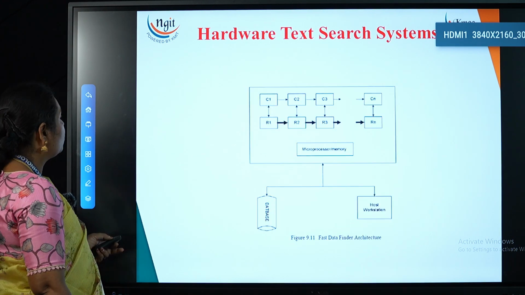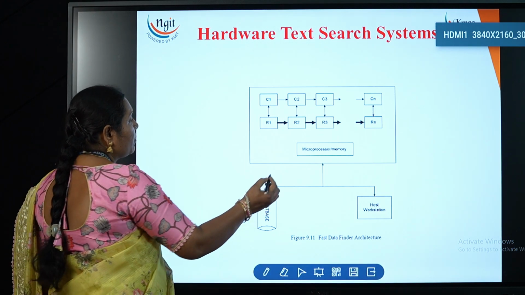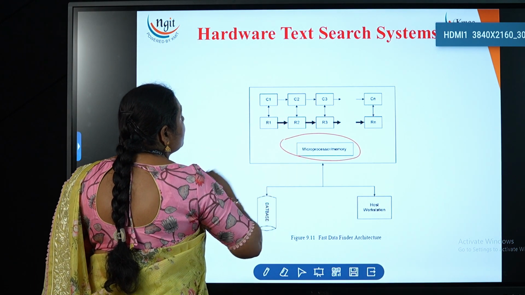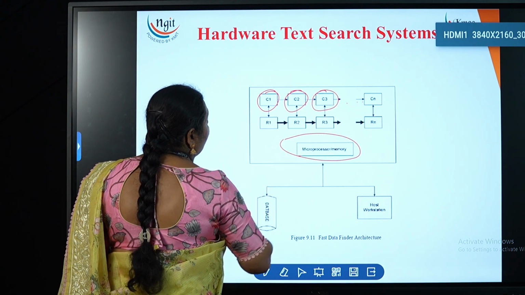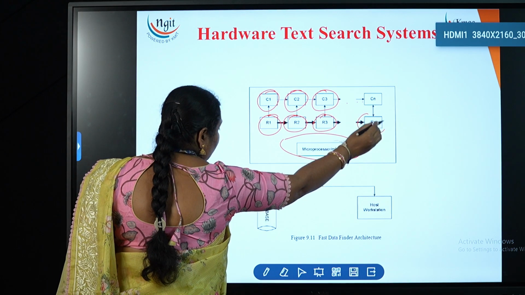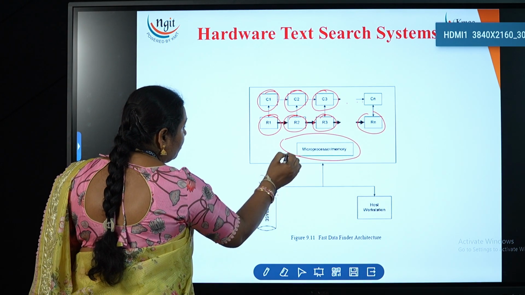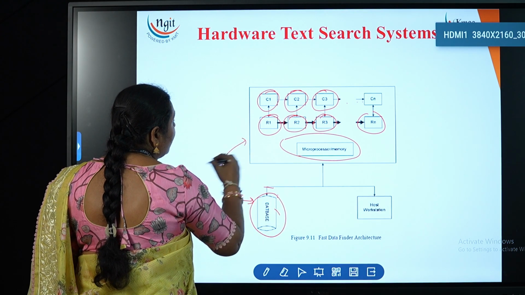These cells are connected. Now if you see here, this is your complete microprocessor memory. You have cell 1, cell 2, cell 3, and so on up to cell n, and all these are connected to your registers. This is your complete overall database, and whenever your database is there, all these are converted like this.